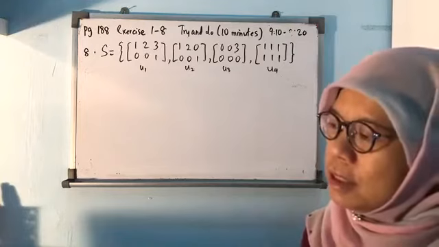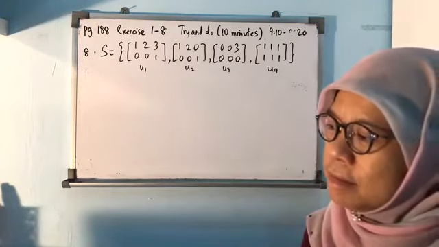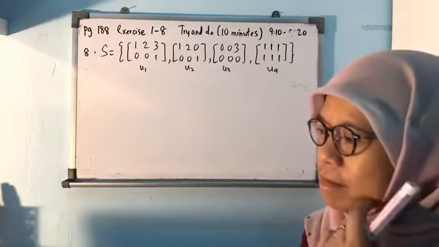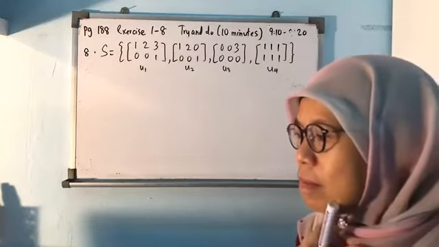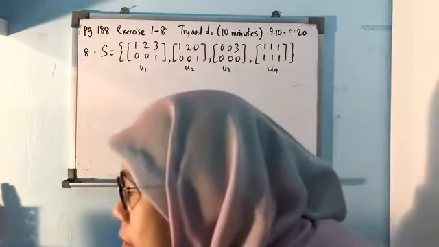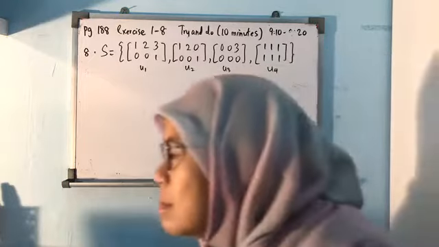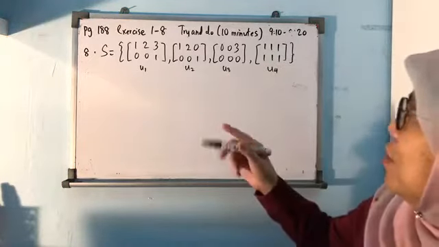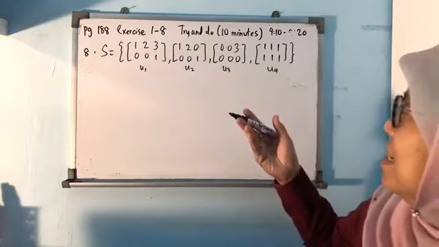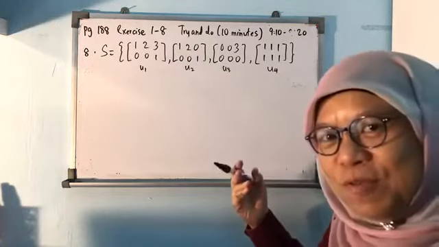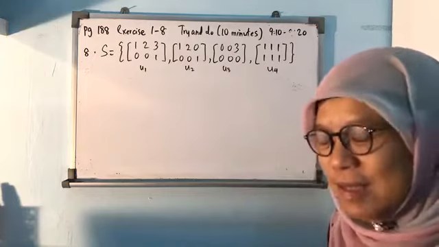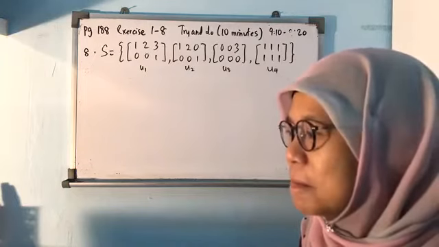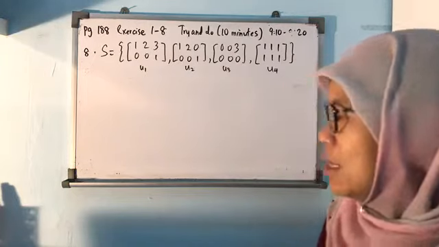Ada combination ke apa ke? Sama row. Determinant apa yang 0? Mana ada determinant? You cannot find determinant. Determinant only for n by n matrix. This is not n by n. Okay. Sama row, mana ada sama row?